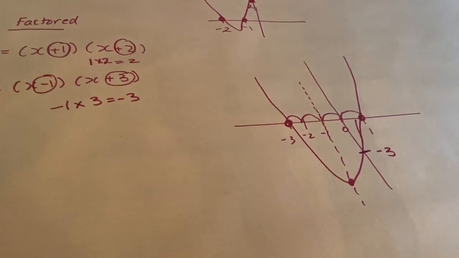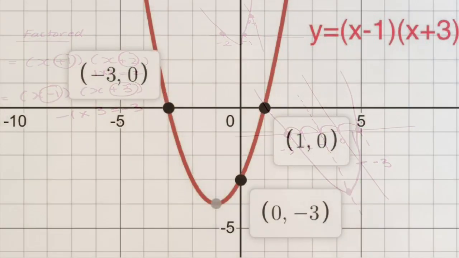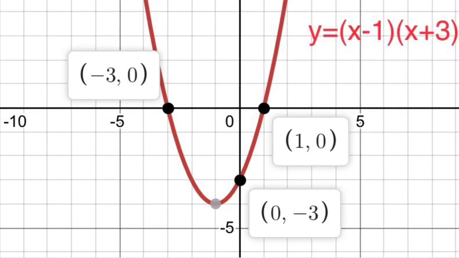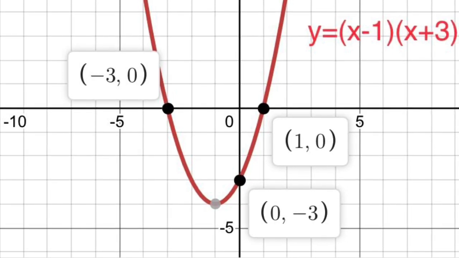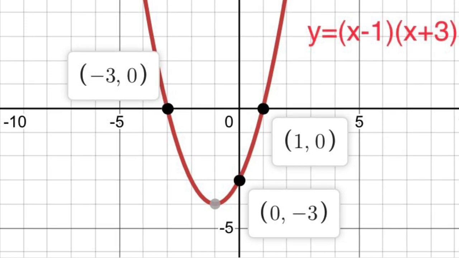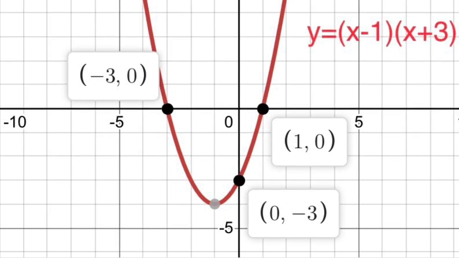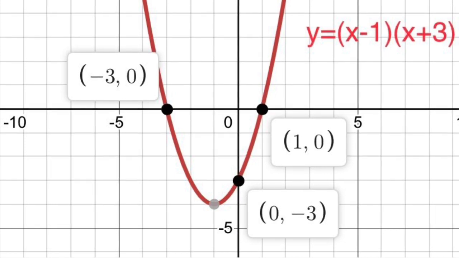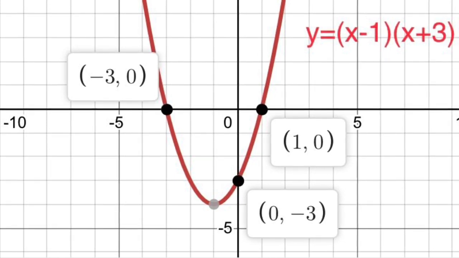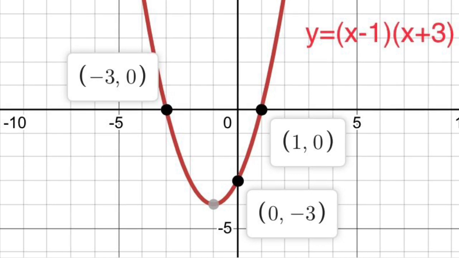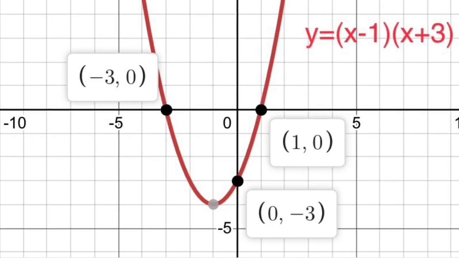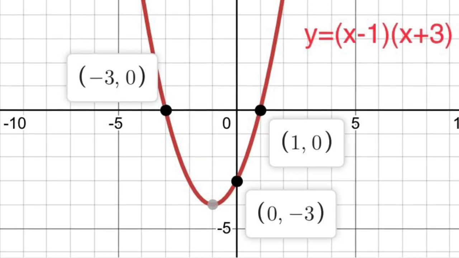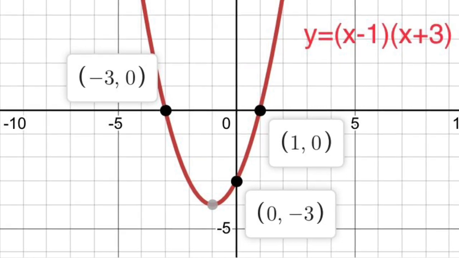Let's try with Desmos and see if that's right. So Desmos shows that we were right. The equation is (x -1), so it touches +1 on the x-axis, and then (x +3), so it touches -3 on the x-axis. And when we multiply -1 times +3, we get -3, and that's exactly where it touches on the y-axis.